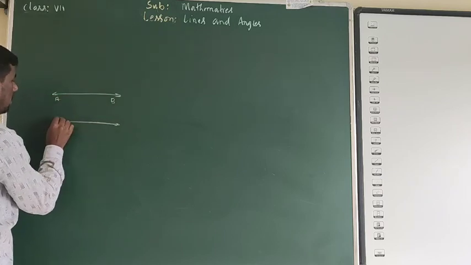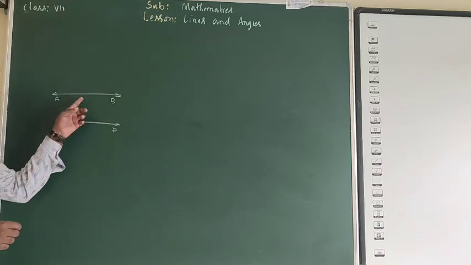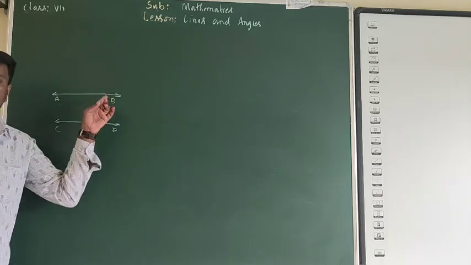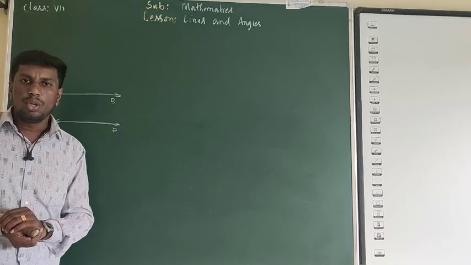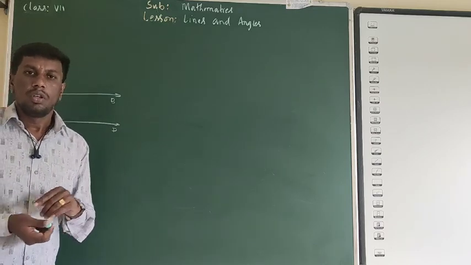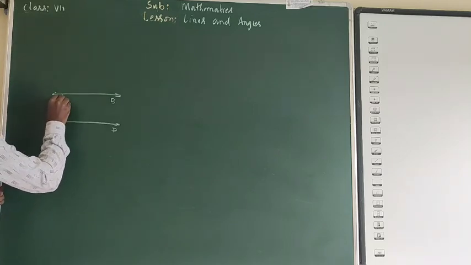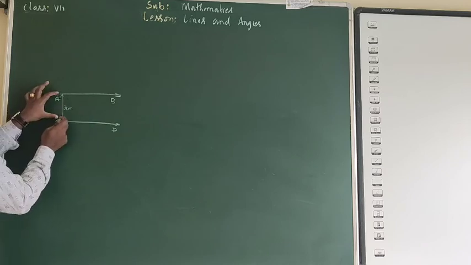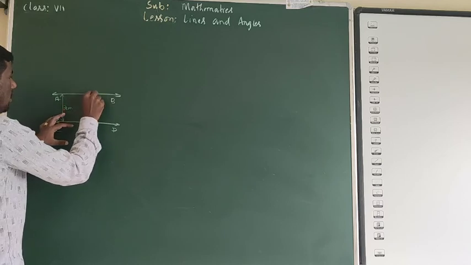This is one more line, CD. So these two lines are parallel or intersecting. How will you conclude whether these two lines are parallel or intersecting? You need to measure the length at some variance between those two lines. Assume that this is 3 cm at this point. Go to this point and measure the distance between these two lines.